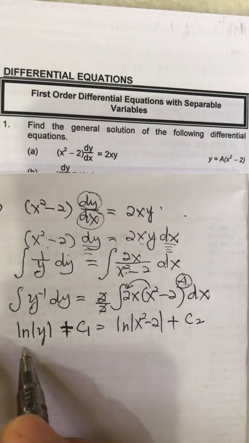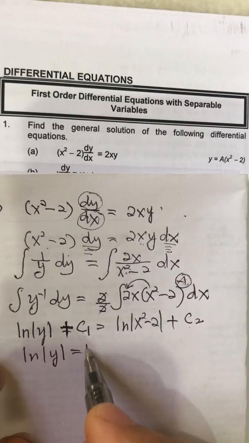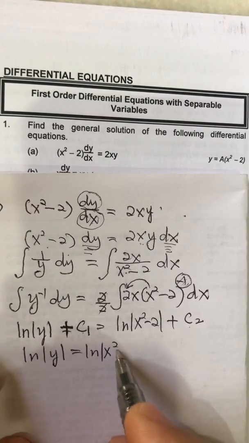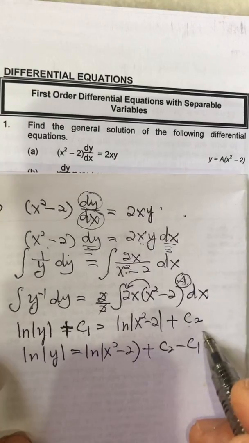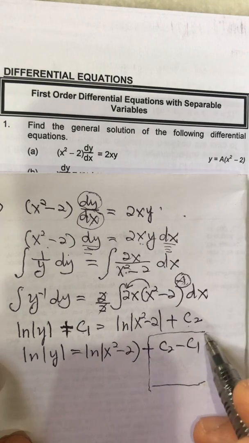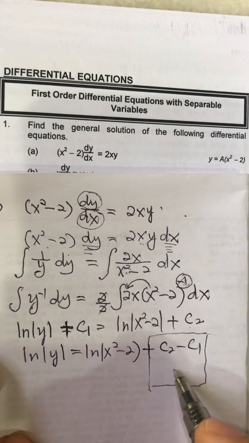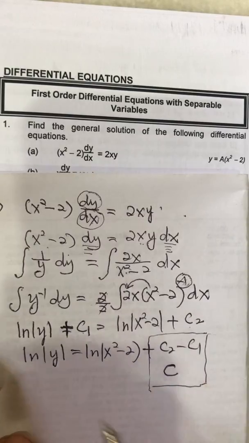What we do next is bring these two constants together. You have c2 minus c1. When you minus a number with another number, you get another number. So we can call it c3, or you just call it c.